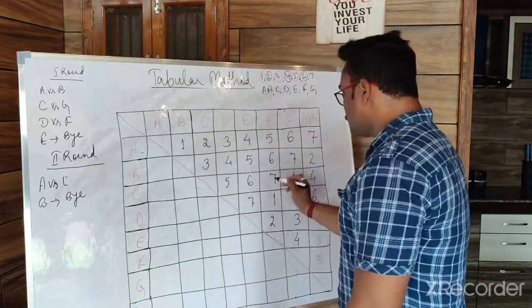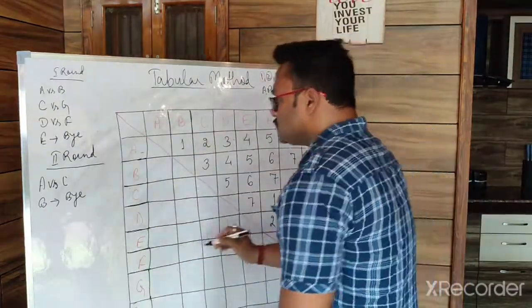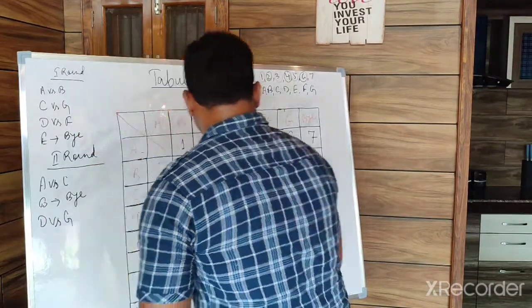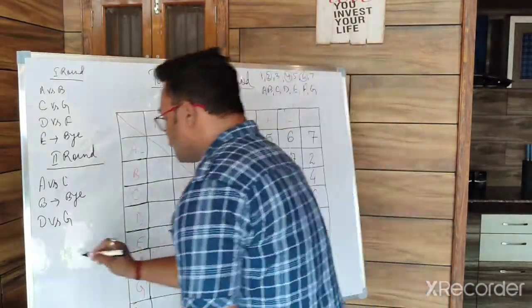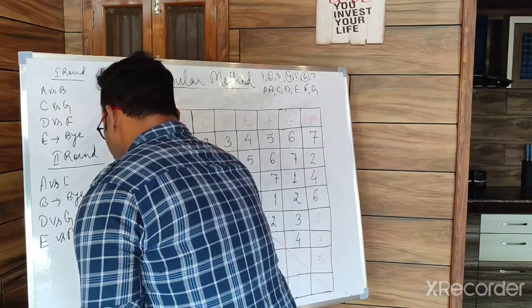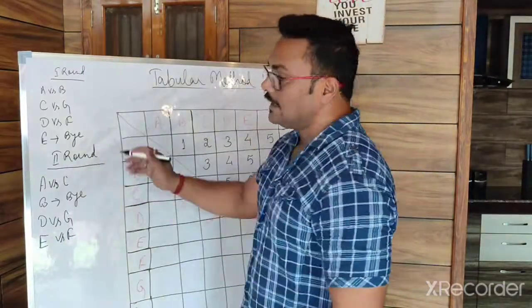Then where we have 2? Here we have D versus G. And then again E versus F. So 3 matches are scheduled in each round, you can see.